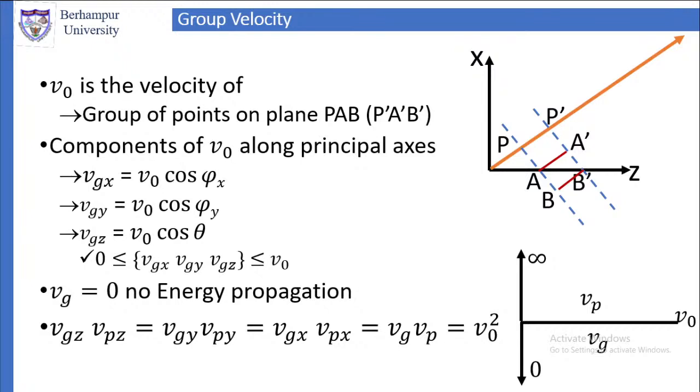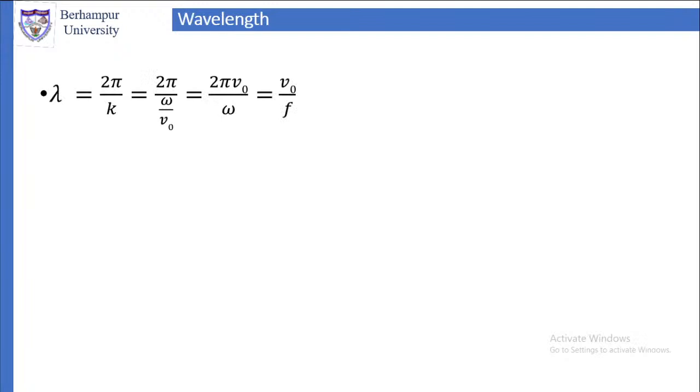Now we will conclude today's lecture with some discussion on the wavelength. Wavelength we have already defined: lambda is equal to 2 pi by k. For k, from the dispersion relation, k is equal to omega by V0.